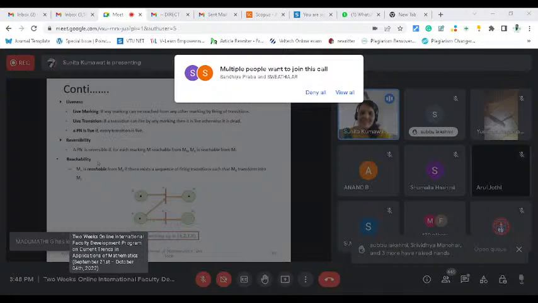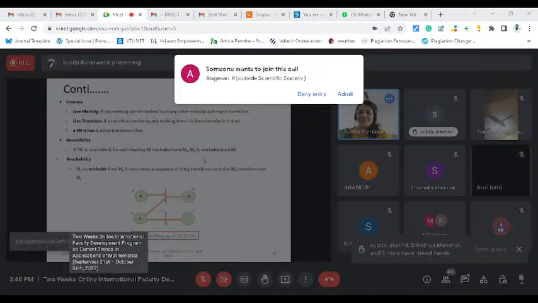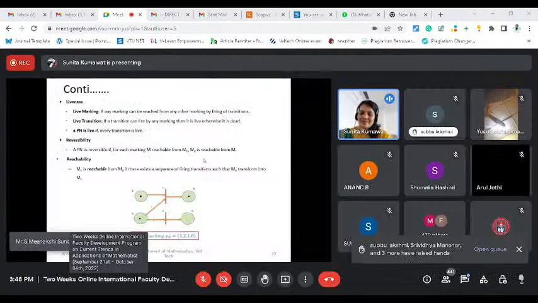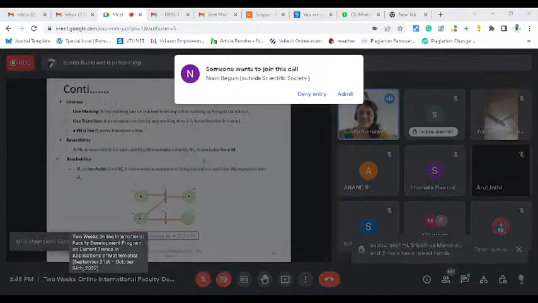Okay, so what is reversibility? A Petri net is reversible if for each marking M reachable from M naught, M naught is reachable from M. Again, the terminology is reversible and reachable. Reachable means we are reaching some particular stage from some initial stage. Reversible means we reverse back.